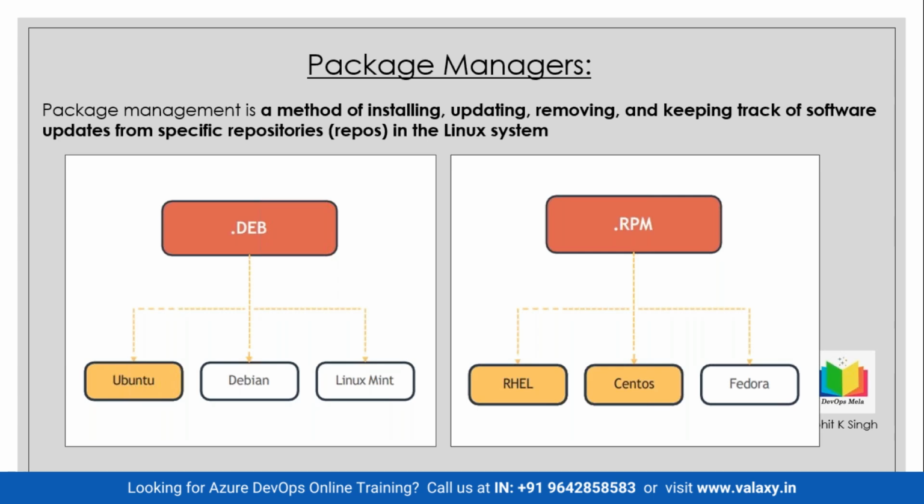For those, you need to go to the browser and download it. But in Linux, most of these packages are available with the package manager. Your Apache, Tomcat, your MariaDB, MySQL, all these servers, you can set up by just running one single command. That easy it is in Linux.